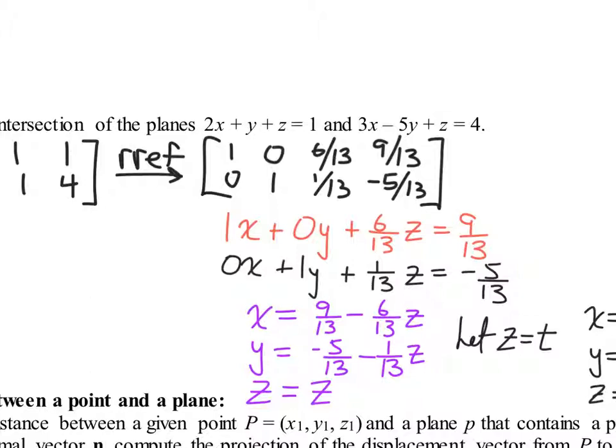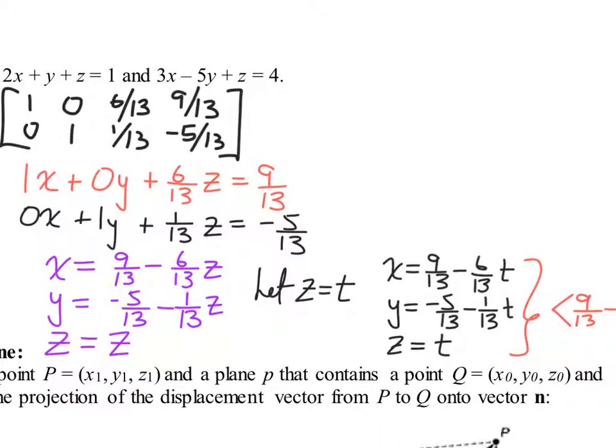Curve. We have 9 over 13 minus 6 over 13 times t. I'm going to use that multiplication symbol, just to play it safe, times t. Negative 5 over 13 minus t over 13, or 1 over 13, doesn't matter.